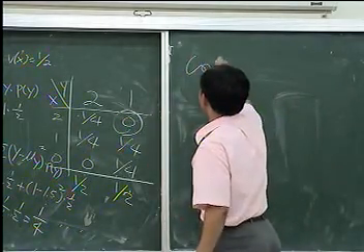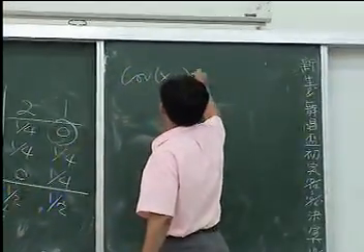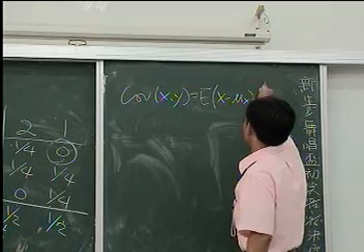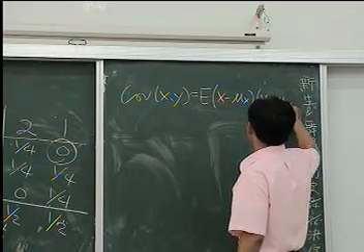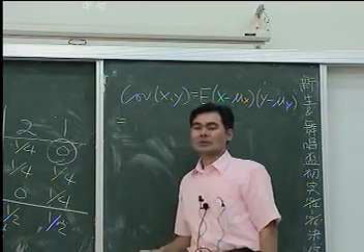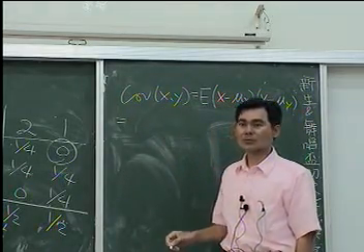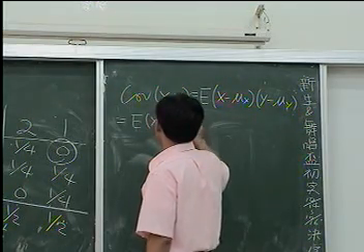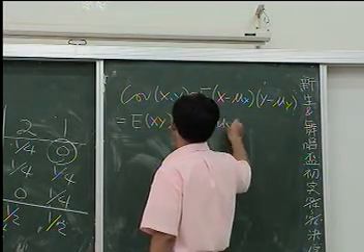So we say covariance of x, y is equal to the expectation of (x minus mu x)(y minus mu y). And we know there's a way to simplify it: expectation of xy minus mu x mu y.